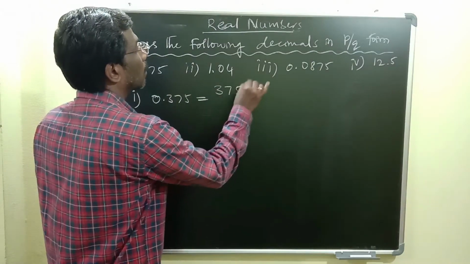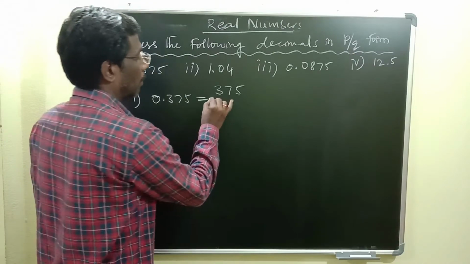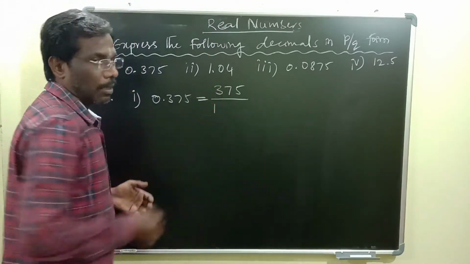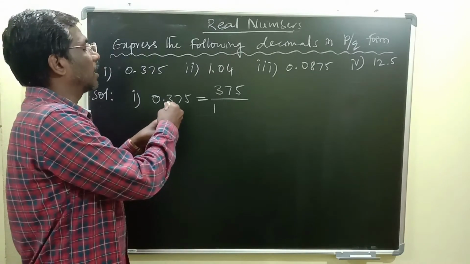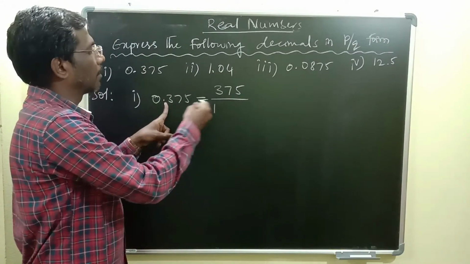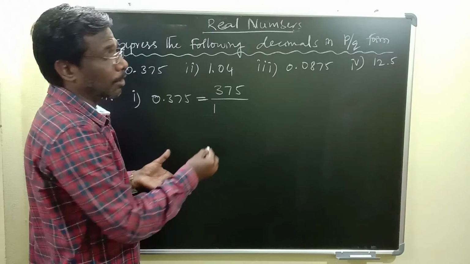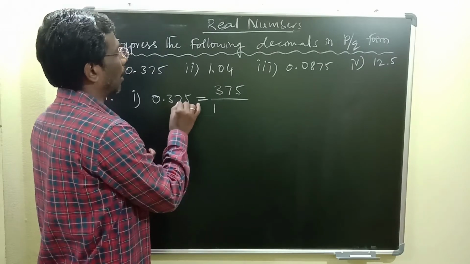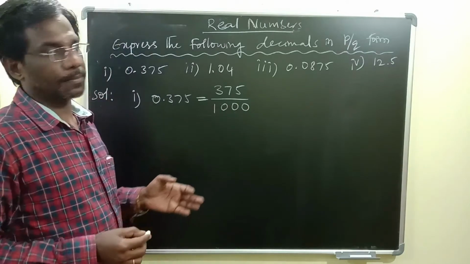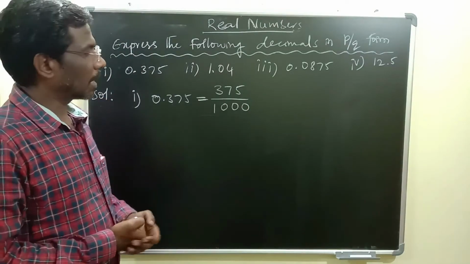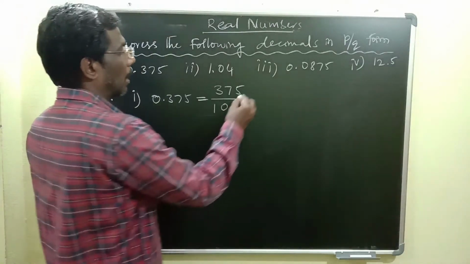Write 375, by denominator you write 1. After decimal point, how many digits are there on the right side? That many zeros we have to put in the denominator. So we are having 3 digits, that's why we write 3 zeros. It is what? 1000.